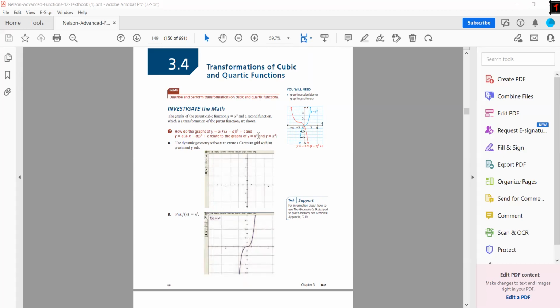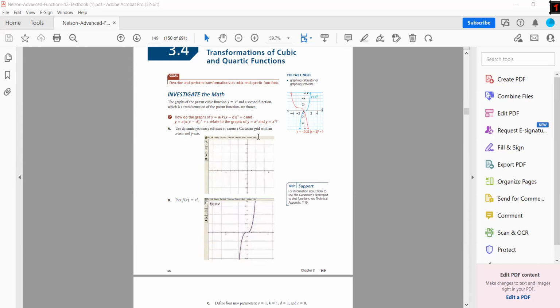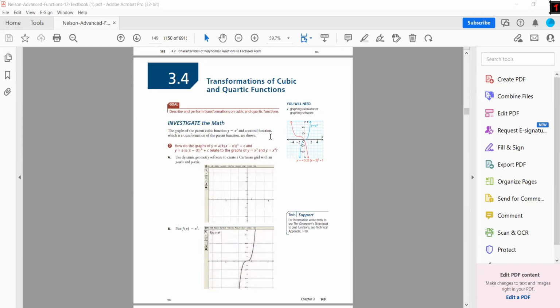This week we mostly concentrated on instantaneous and average rate of change. So, returning back to polynomial functions, transformations of cubic and quartic functions.